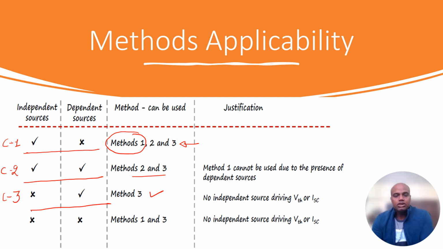And similarly, if we don't have any sources in the circuit, neither dependent nor independent, then method 1 and method 3 are applicable to get the RTH value. I hope now we have understood where to apply the different methods to find RTH.